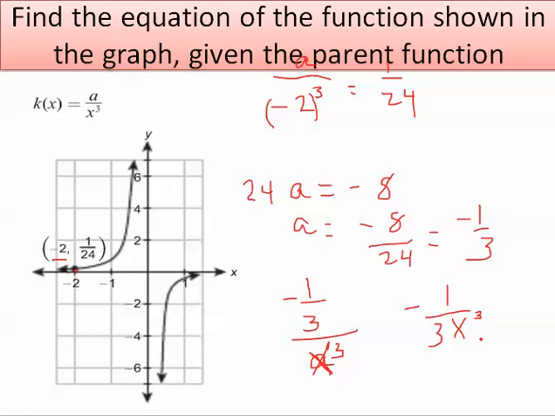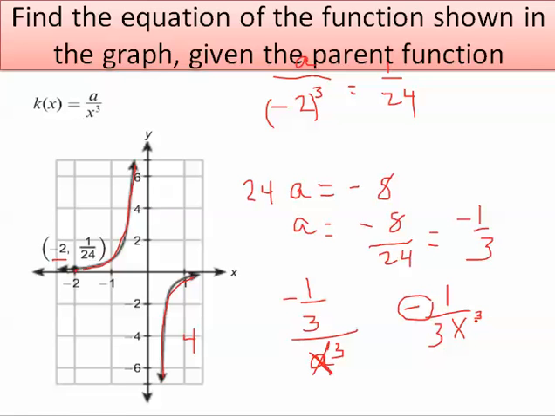Okay? Now I want to point out a couple things. First of all, see how it's down here in quadrant 4? This graph here is in quadrant 4. Well, that told me right away it had to have this negative sign here. Okay? The fact that they're pointing in opposite directions like this, one's in 4 and one's in 2, that tells me that it had to be something like x to the 3rd.